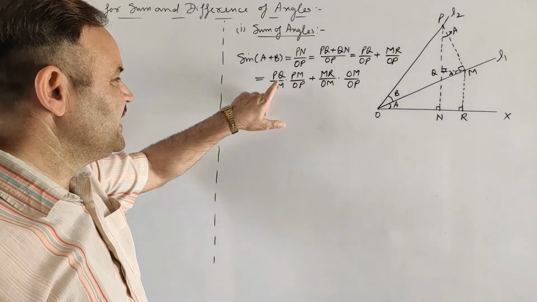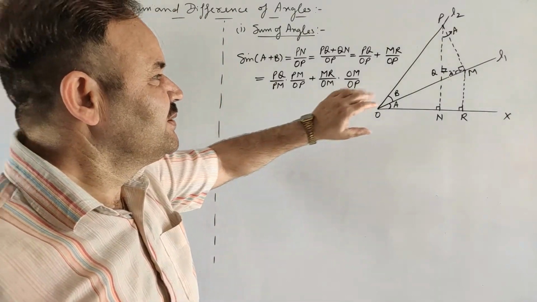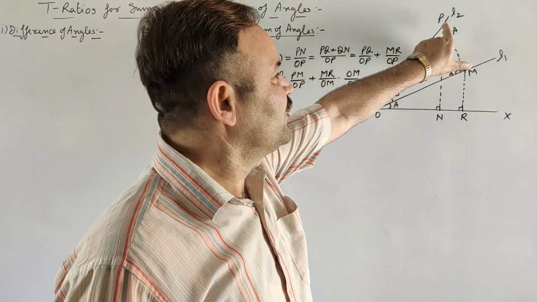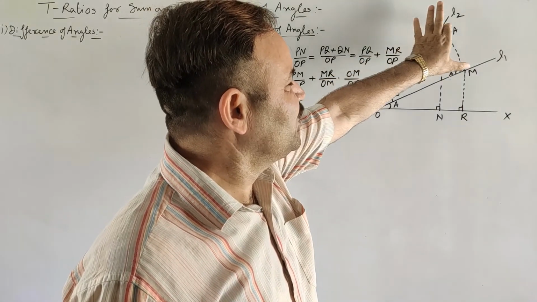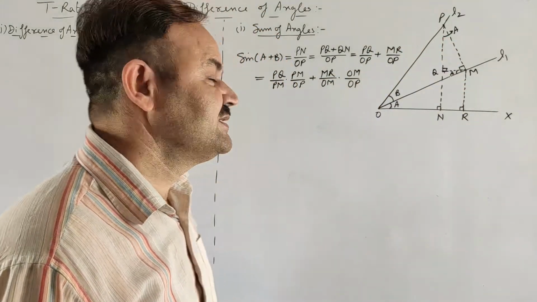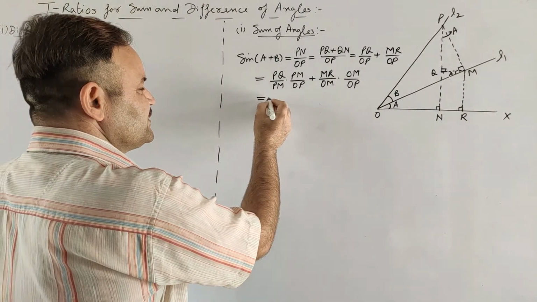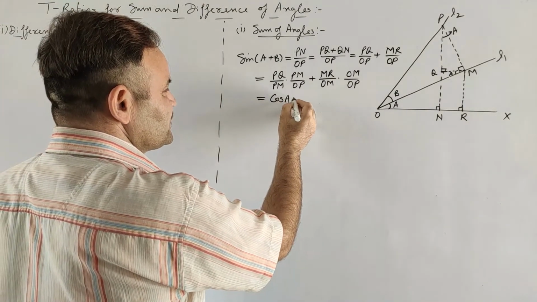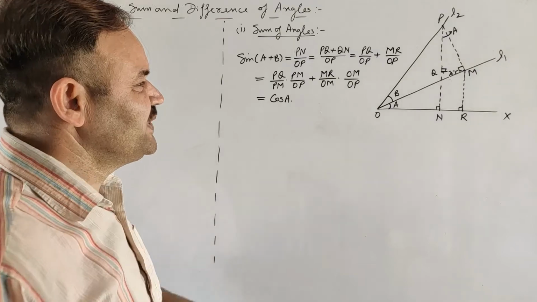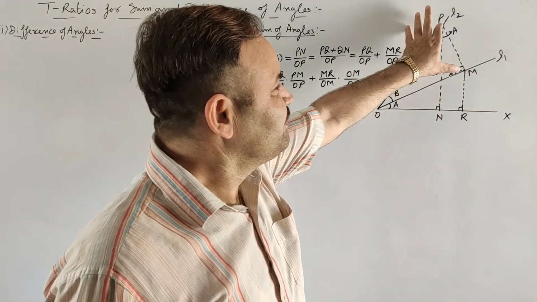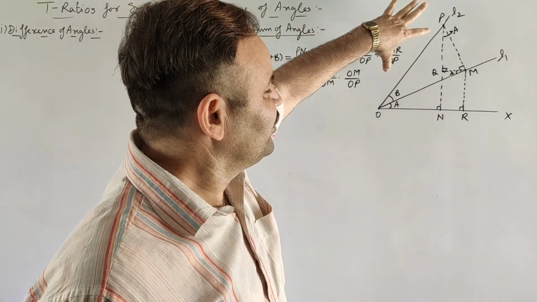Now PQ upon PM means base upon hypotenuse for angle A, and base upon hypotenuse is cos, so it is cos A into PM upon OP.